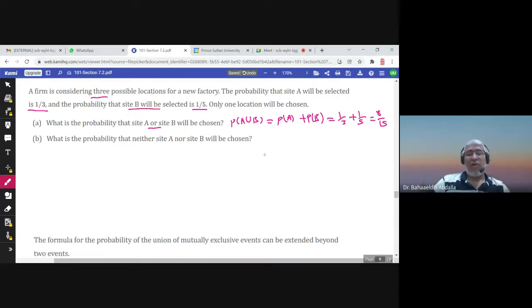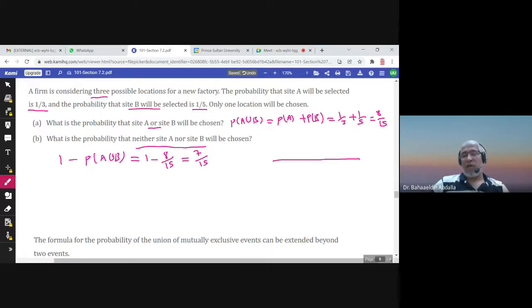Now, what's the probability that neither A nor B? Neither nor means 1 minus probability of the union. This is always neither nor, okay? So 1 minus 8 over 15, and the answer is 7 over 15.